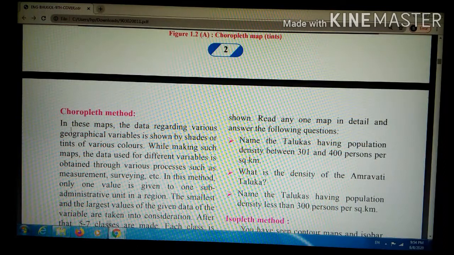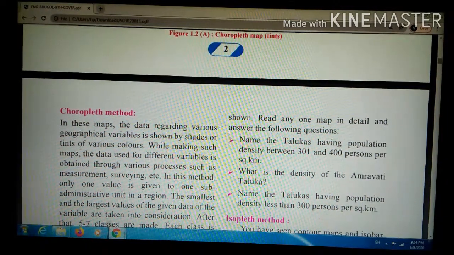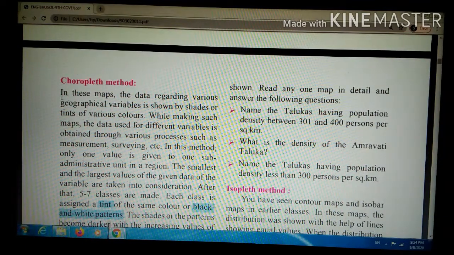According to the Greek, choro means area and plethos means study. Now the chloropleth method. In these maps, the data regarding various geographical variables is shown by shades or tints of various colors.